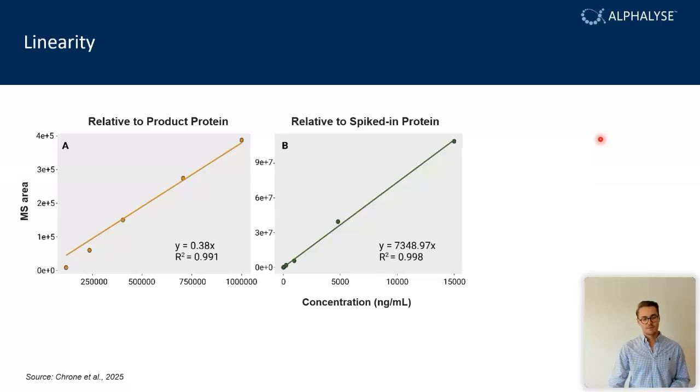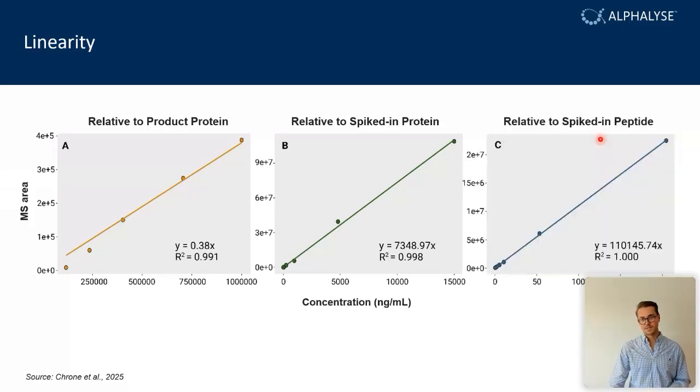Relative to spiked-in protein, method B achieved excellent linearity across quite a wide dynamic range. And relative to spiked-in peptide, method C also achieved excellent linearity. So overall, the rule is: no linearity, no useful quantitation. So linearity is essential for ensuring comparable and useful quantitative results.